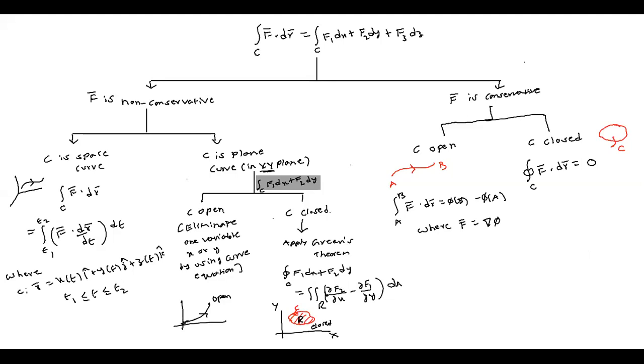So how do you evaluate it? It depends on the function and the curve: what kind of curve it is, what kind of field it is, whether it is conservative or non-conservative, whether it is an open curve or a space curve, whether it is in a plane. Which one is easy to apply depends on your strategy, so choose the best method to evaluate the line integral.